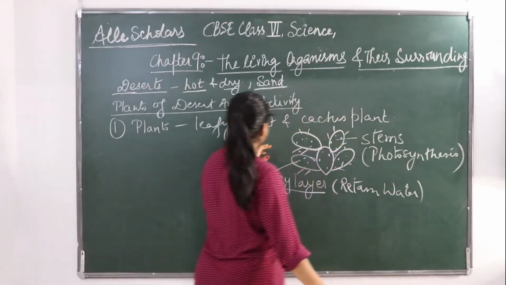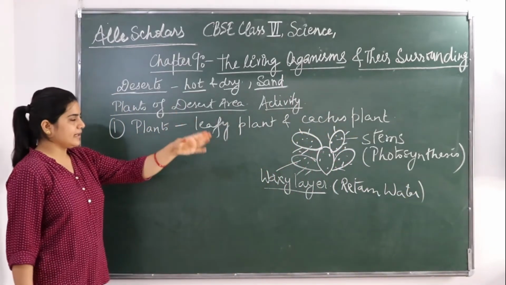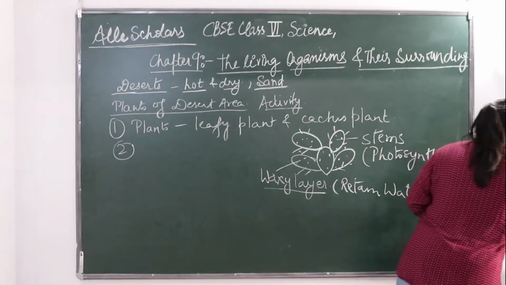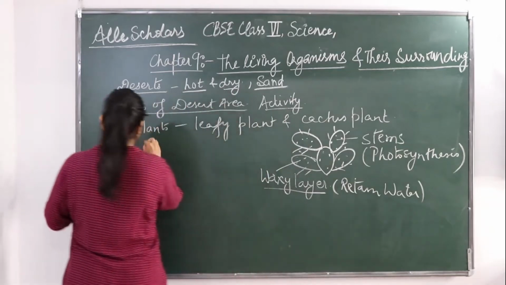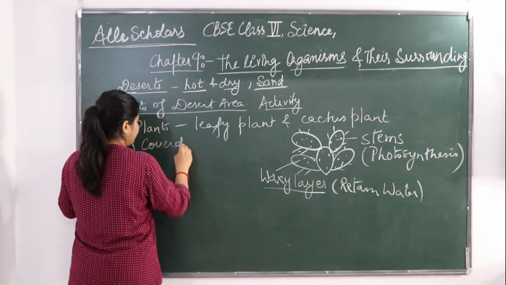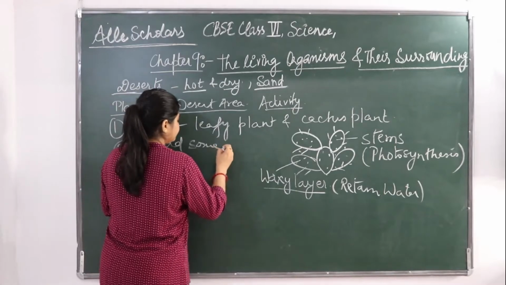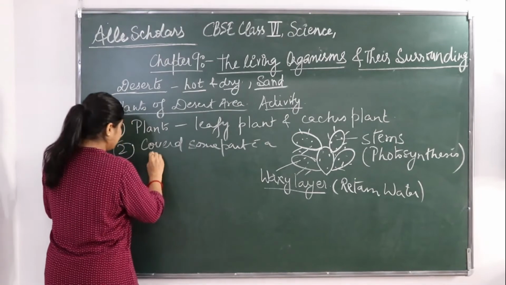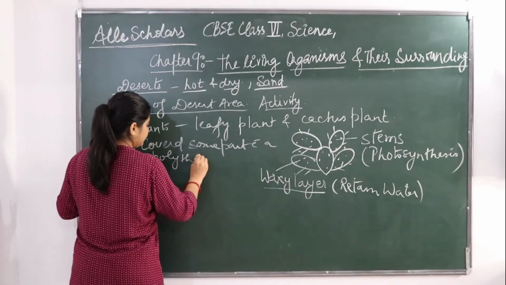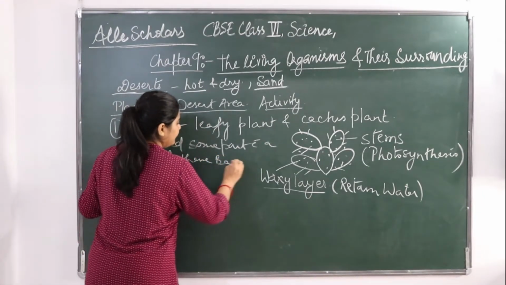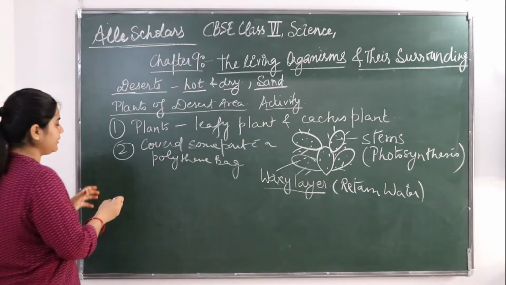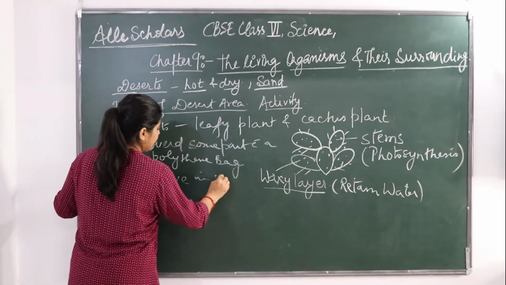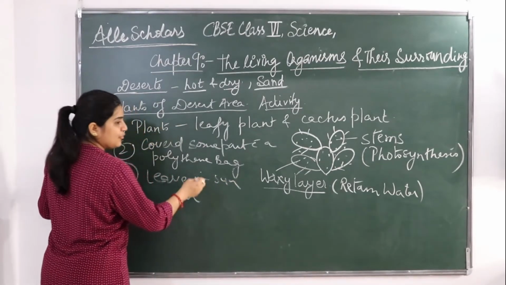So in this experiment, we have taken two plants, leafy plant and cactus plant. We have covered some part with our polythene bag. Okay, then we will leave it in the sun for few hours.